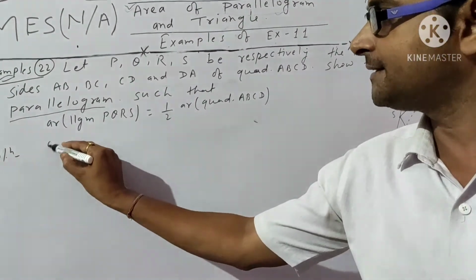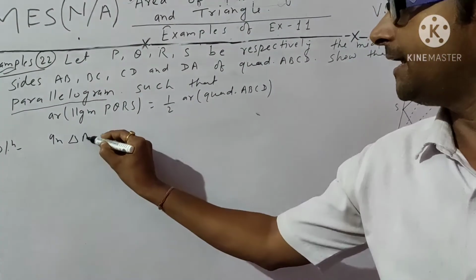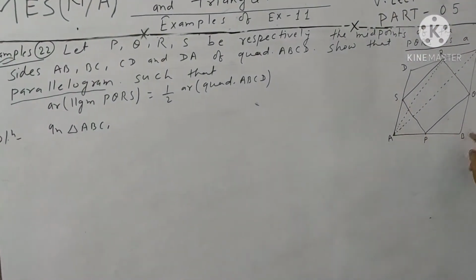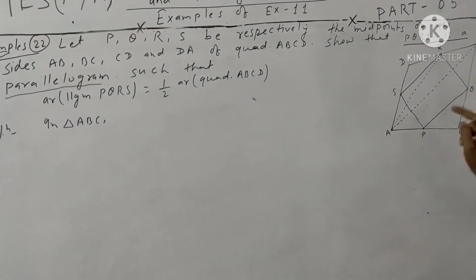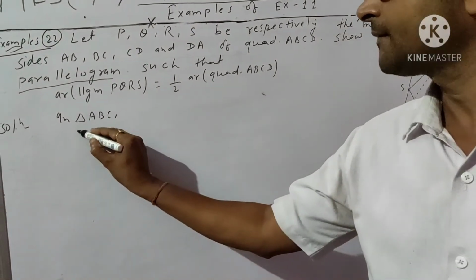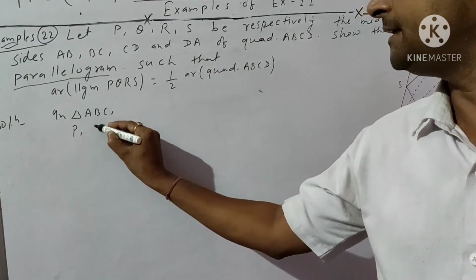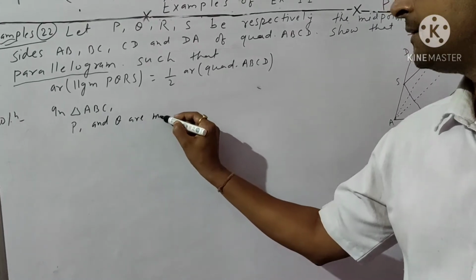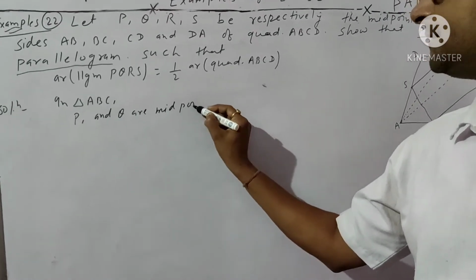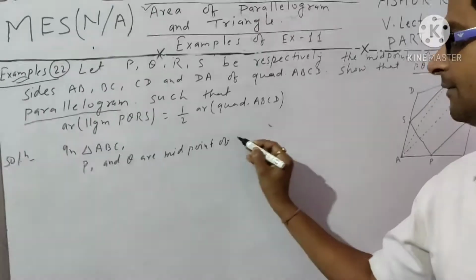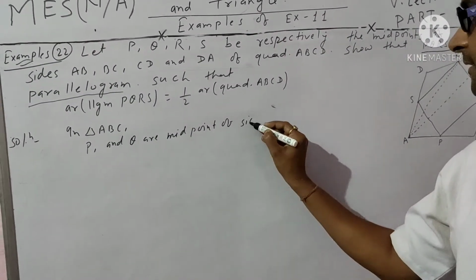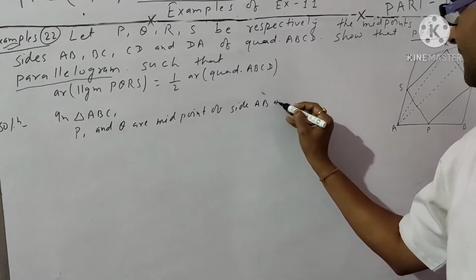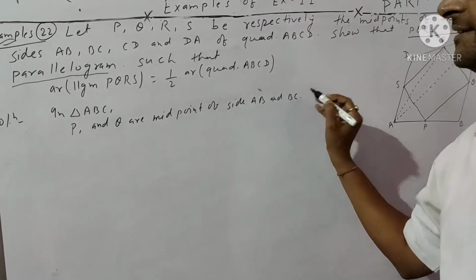So here, student, in triangle ABC, look at the triangle ABC. In triangle ABC, P and Q are the midpoints of sides AB and BC.